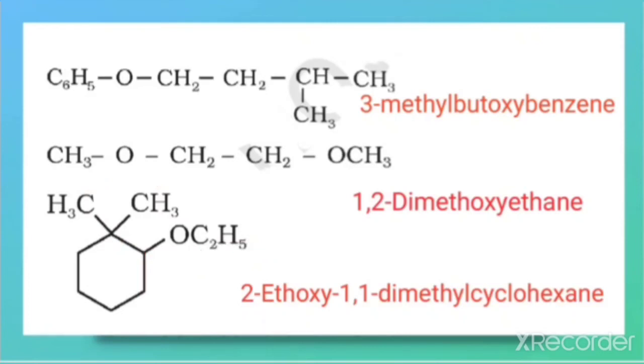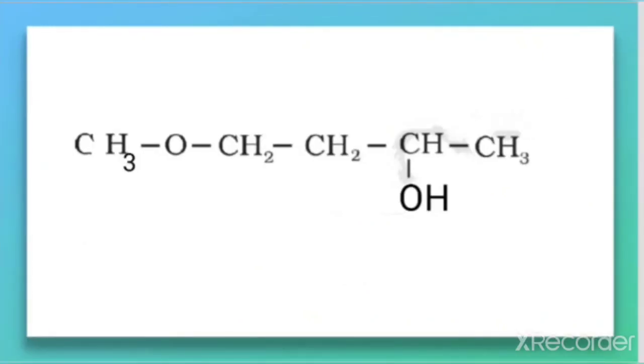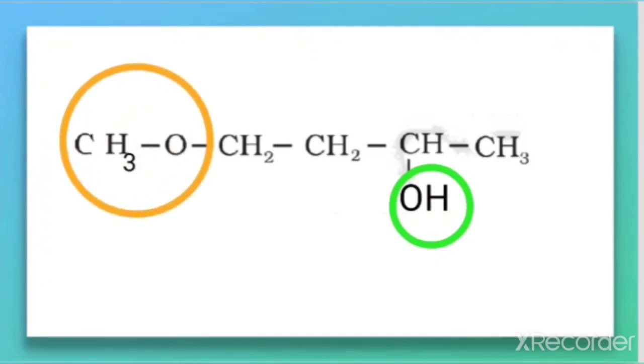Let us take one example in which there is a functional group. Look at this structure. In this structure, it is clear that there is a functional group. So let us first mark the functional group. That is, OH is the functional group, the alcoholic group, and here there is a substituent, that is methoxy.